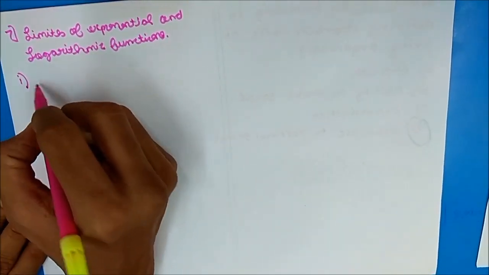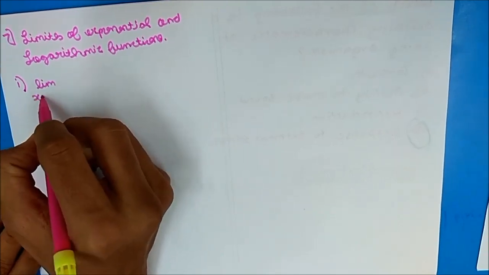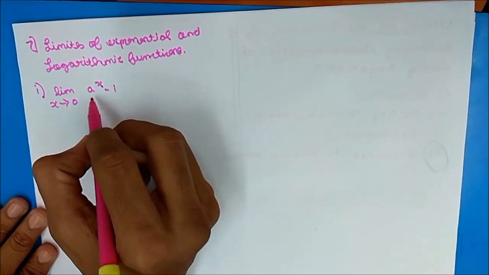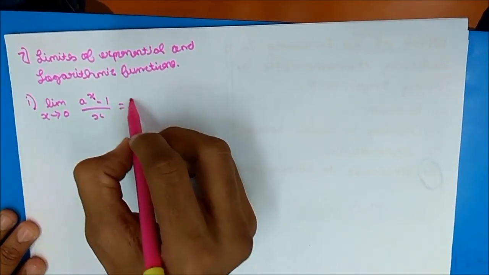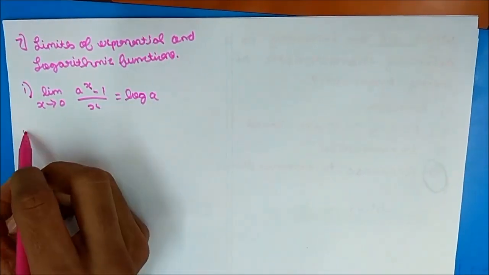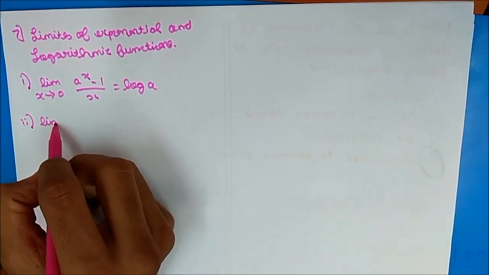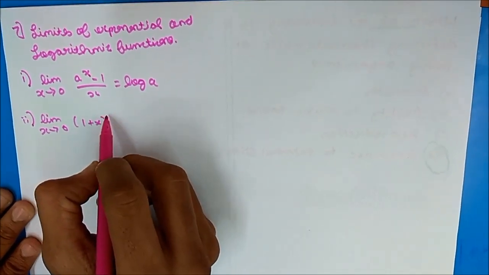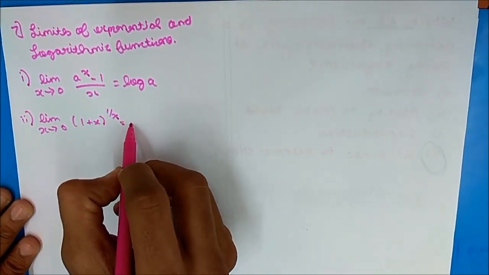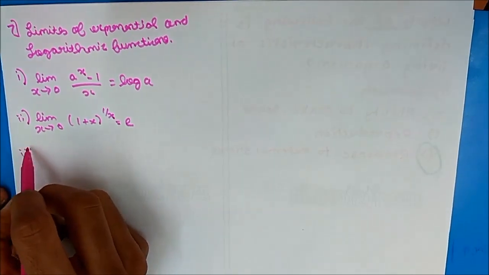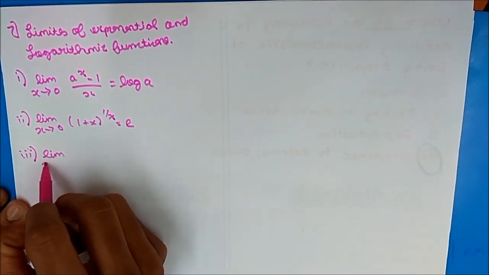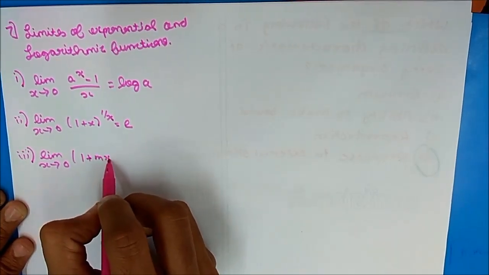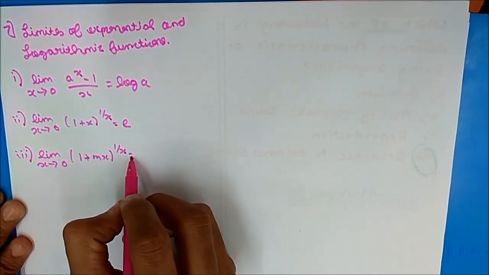Note them down. Limit x tends to 0 of a raised to x minus 1 upon x is log a. Second, limit x tends to 0 of 1 plus x raised to 1 upon x will give e. Third, limit x tends to 0 of 1 plus mx raised to 1 upon x will give e raised to m.